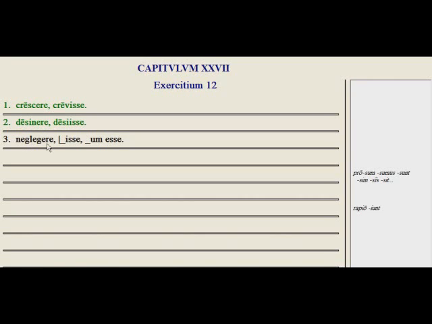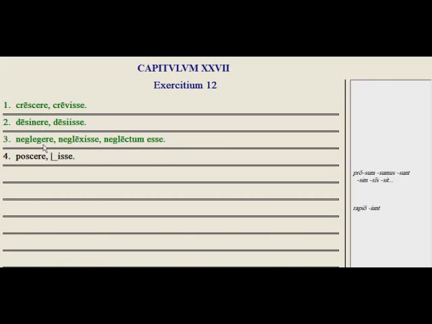And then neglegere, neglexi, neglexisse, and then neglectum esse. And remember what these mean: we have crescere, crevi, to grow and to have grown, and then descendere, desciisse, to stop or to desist, to stop and then to have stopped, and neglegere, neglexisse, neglectum esse, to neglect, to have neglected, and to have been neglected.